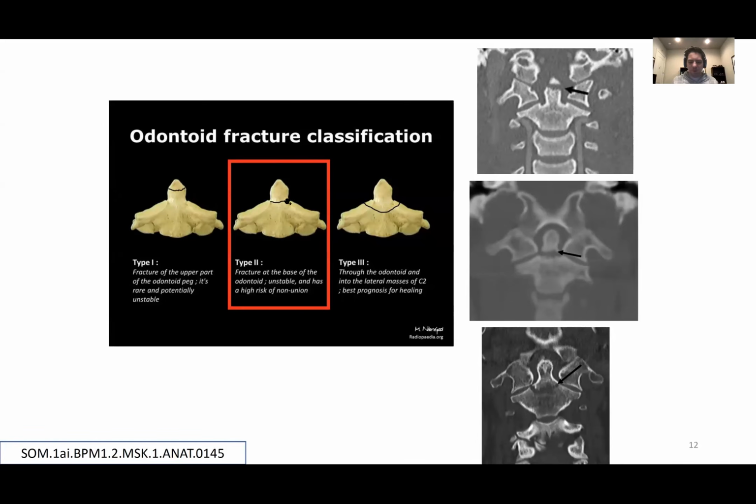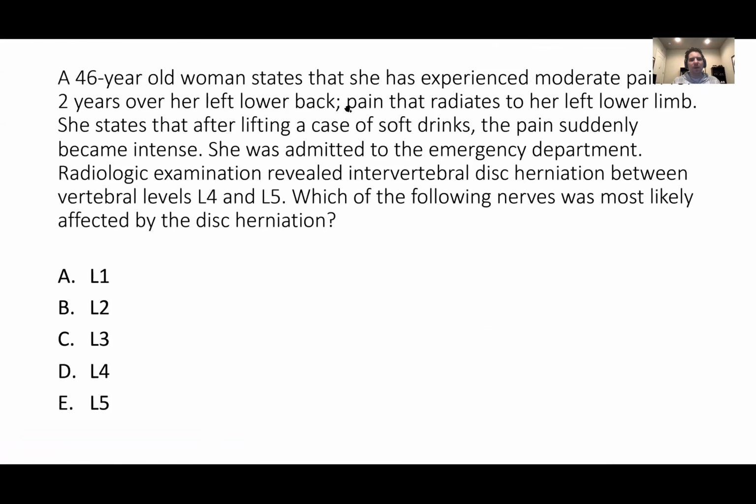So just remember, type 2 is the worst. This would be a great image for you to recognize. It's pretty straightforward. Maybe not to differentiate the types, but you could definitely tell this is a fracture of the dens. Again, high impact collisions. All right, try this one.